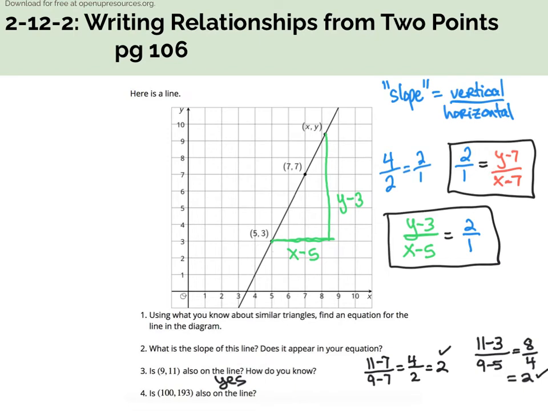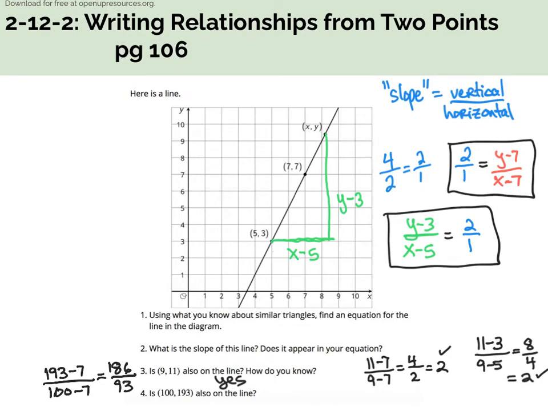So my y is 193 minus 7. And my x is 100 minus 7. Grab your calculator. Let's do 193 minus 7 is 186. 100 minus 7 is 93.